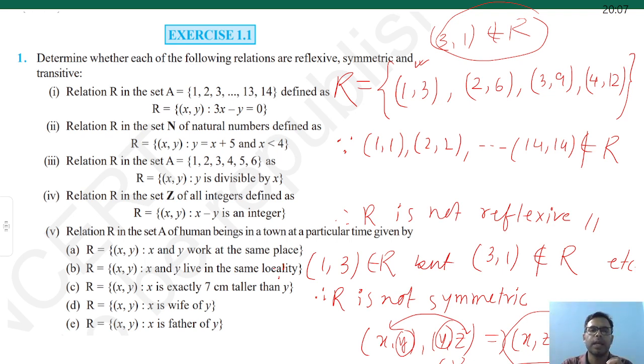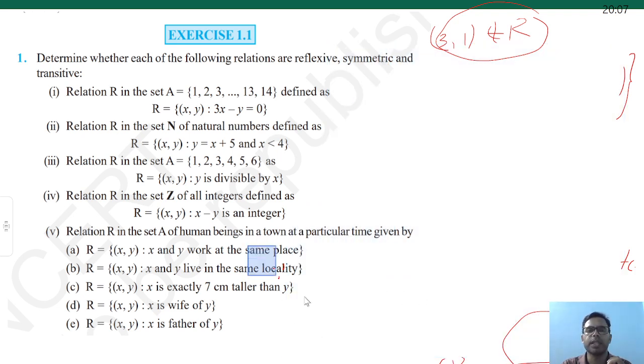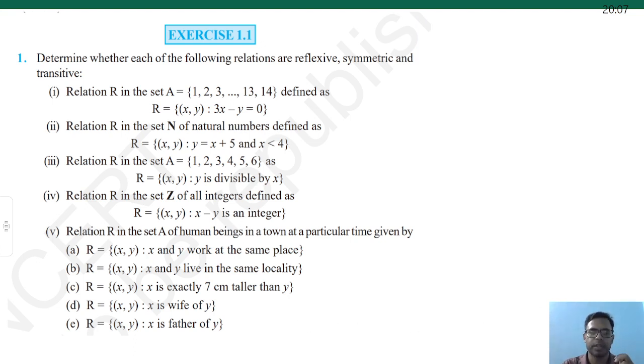If they are working at the same place, then you can take them in the ordered pair, meaning in the relation.